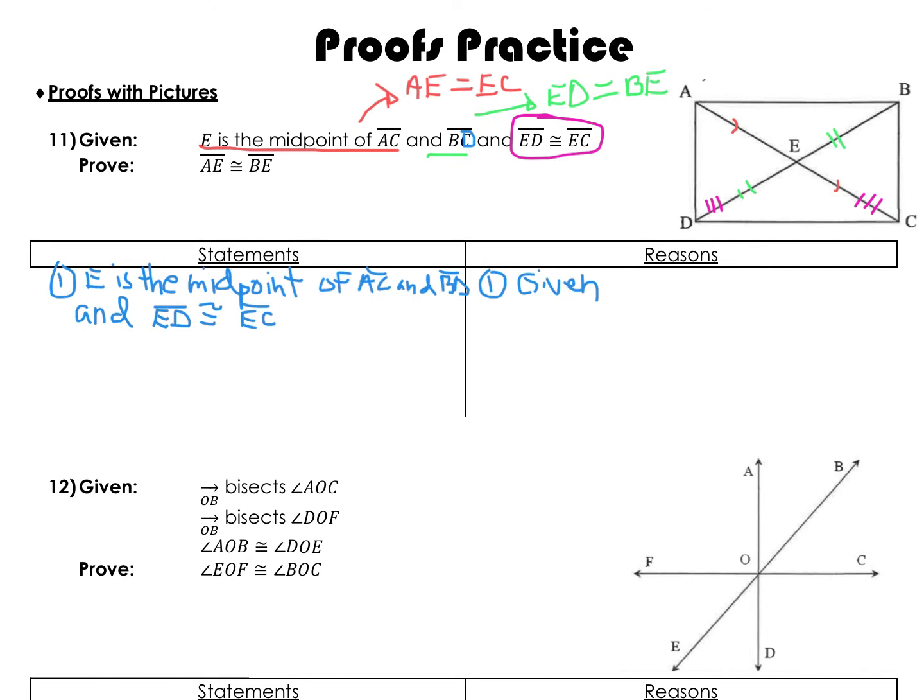Then from there in our pre-proof planning, we noted that if E is the midpoint of these 2 segments, then we could conclude these items here. However, notice that this little tidbit is in congruency notation, and then our proof statement is also in congruency notation. And according to the definition of a midpoint, which is why we were able to conclude these two items, if you look at your reasons for proofs reference sheet, the definition of a midpoint uses equality notation, whereas the midpoint theorem uses congruency notation.